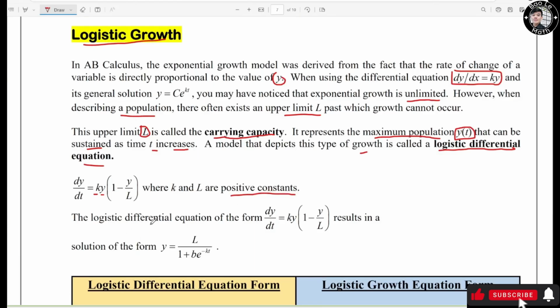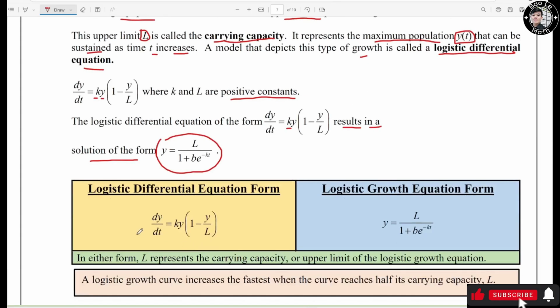The logistic differential equation of the form dy over dt equals k times y times (1 minus y over L) results in a solution of the form y equals L over (1 plus b times e raised to the negative kt). So we have the logistic differential equation form and the logistic growth equation form.